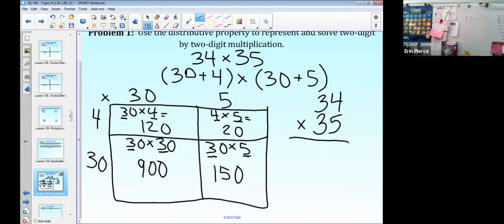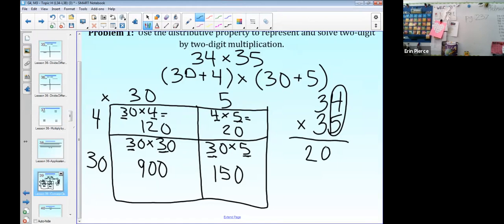So I'm working kind of the smaller to larger answer, right? So 4 times 5 is where I start. What is 4 times 5? Scotty? 20. So I record my answer of 20.